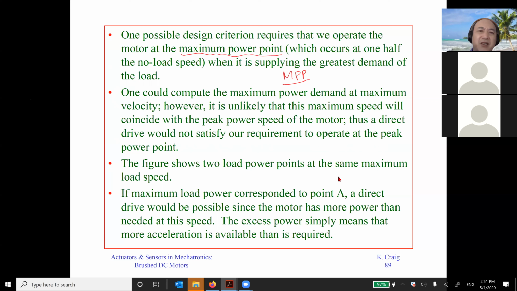The maximum speed will not be the same as the speed at the peak. So you understand there is a trade-off. You should always check where your OP, called the operational point, is: at what speed, what torque, and what power.